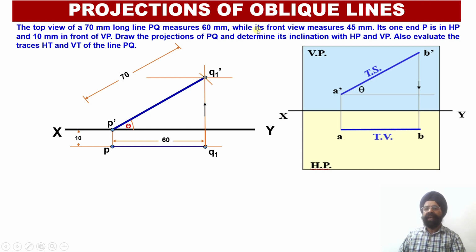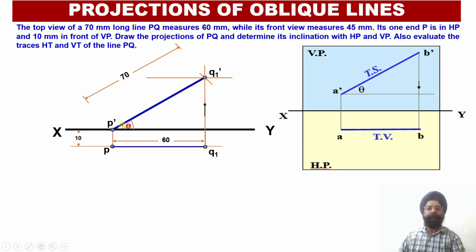We also know that the front view of the line measures 45 millimeter. So I have been able to obtain the locus line where my front view projection Q dash will be located, because from the fundamentals of the projections of lines, point Q dash, the second point of the elevation projection line, and point Q1 dash, the second point of the true length projection line in the front view, both lie on the same horizontal line. I know that the front view P dash Q dash measures 45 millimeter.